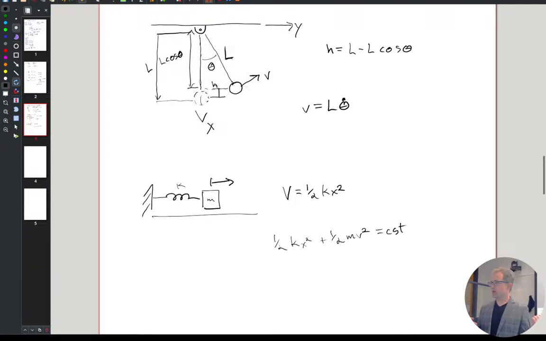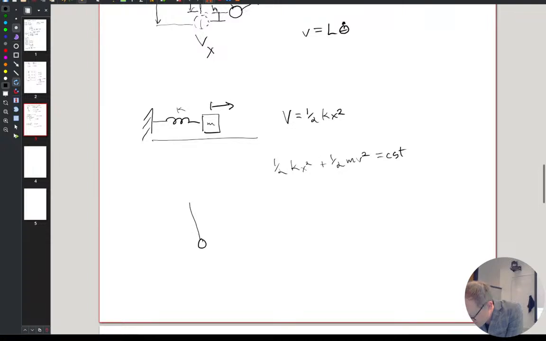And for the linear approximation, we made an assumption that our pendulum is a linear kind of spring, right?